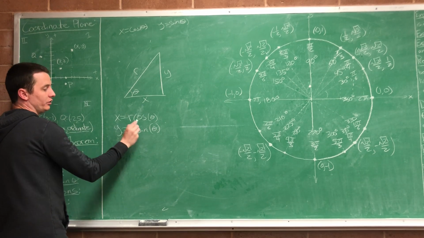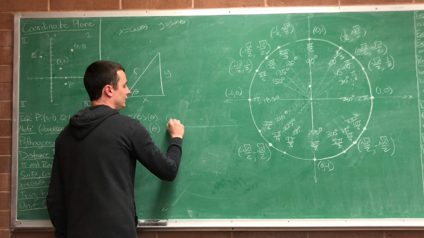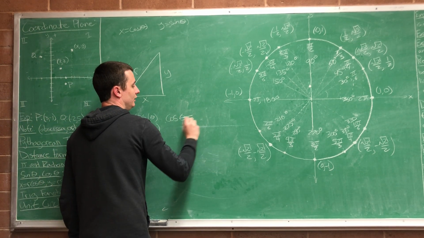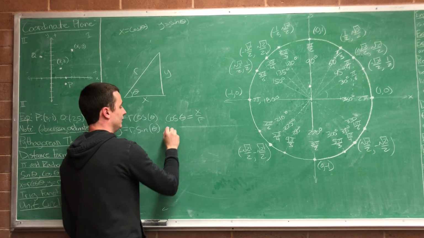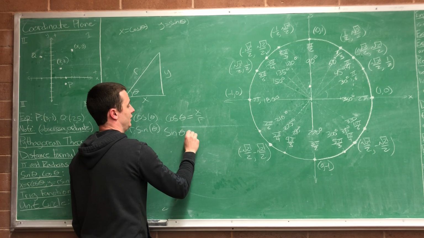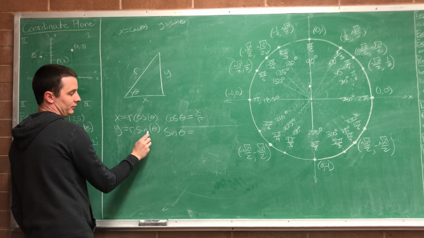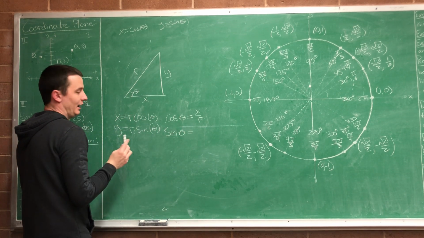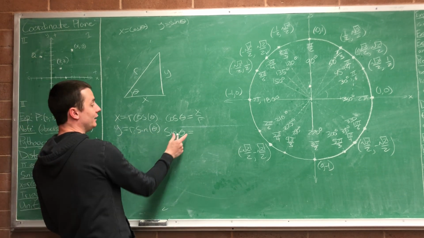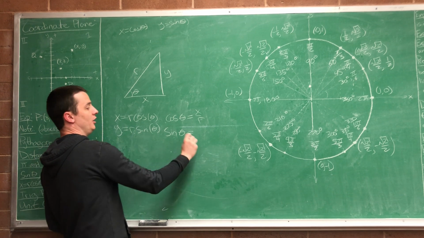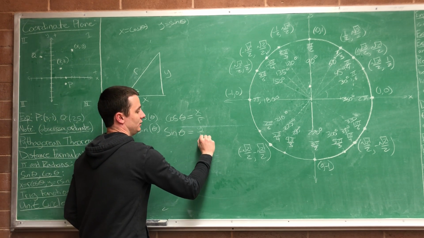So if I take this equation and I solve for cosine of theta, I get cosine of theta is equal to x over r. And I get sine of theta is equal to, sorry, I'm going to stop writing parentheses. You're going to have to get used to that. Can't help it. No one ever writes parentheses. But it is a function, so that's why I try to remember. But sine of theta is equal to y over r, right?